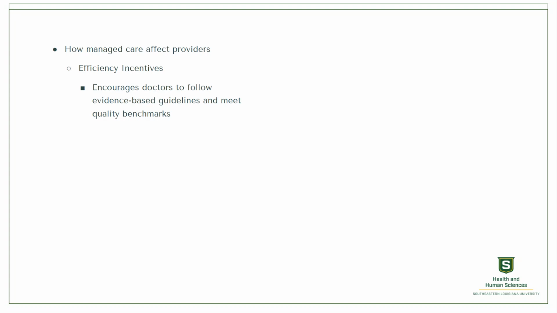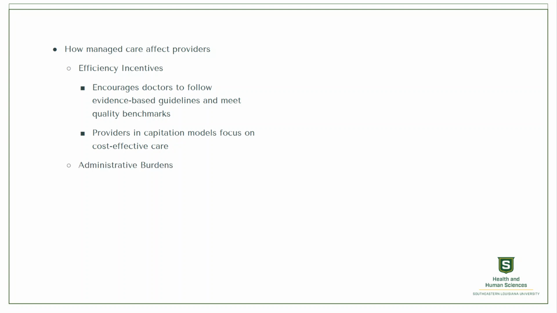So it helps clinicians follow those guidelines, knowing there's a very high chance they would get the authorization, or even a situation where authorization is not required, they're going to get reimbursed for the service. Providers on capitation models tend to focus on cost-effective care, knowing they don't want to go over budget.